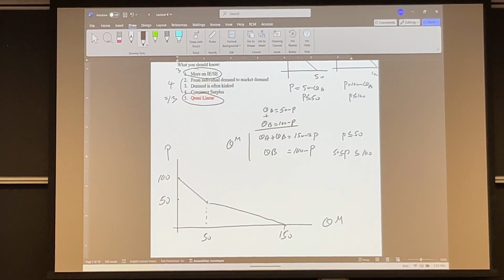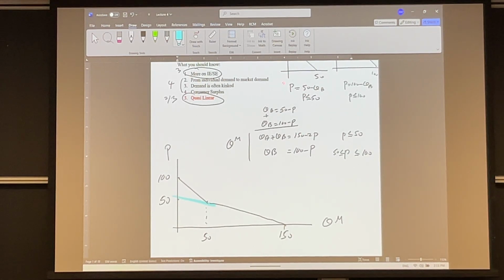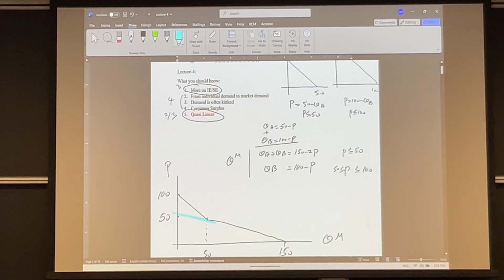If you ignore the kink, you're basically assuming the market demand is this one, which is not correct. That assumes when the price goes above 50, this guy buys a negative number. If you just add them up and ignore the kink, that assumes when the price crosses 50, this guy will still be in the market buying a negative number, which is impossible. So you should kink.